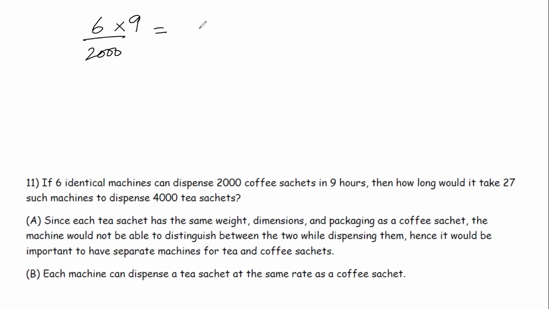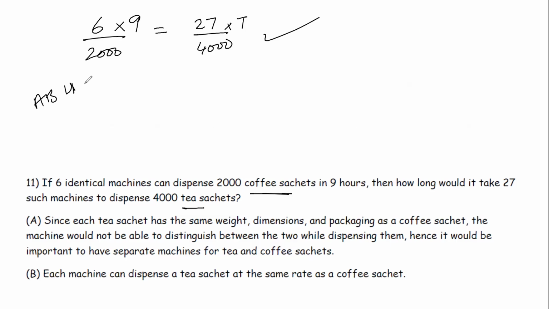How long would it take 27 such machines to dispense 4,000 tea sachets? How long? So let it be tea. Now, obviously, since it's tea sachets and coffee sachets, right? Otherwise, the question is solvable like this with this equation.